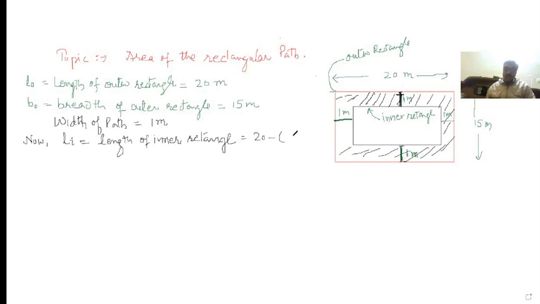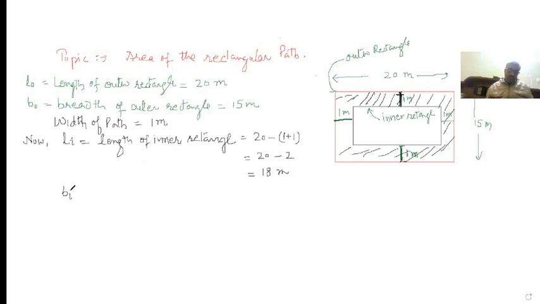The width of the path is 1 meter from the upper side and 1 meter from the lower side. That's 20 minus 2, which is 18 meter. Therefore, the length of the inner rectangle is 18 meter.